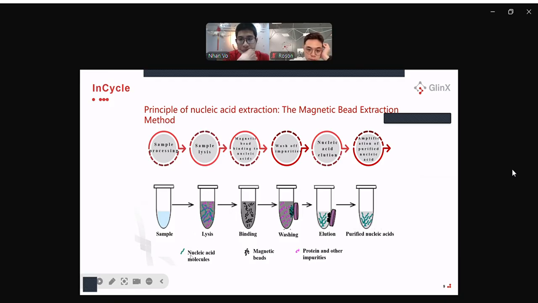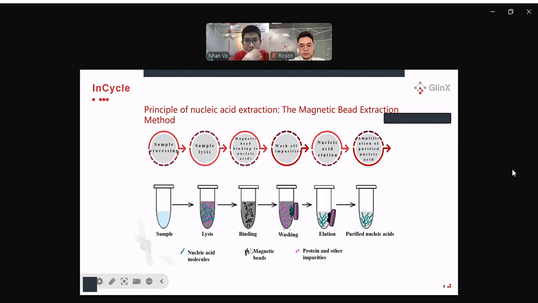After the nucleic acids have been released, they will be mixed together with many other substances that we can call impurities, because we only want to amplify the nucleic acids, right? So after the lysis of the cell bodies, we will use the magnetic beads to bind the nucleic acids.